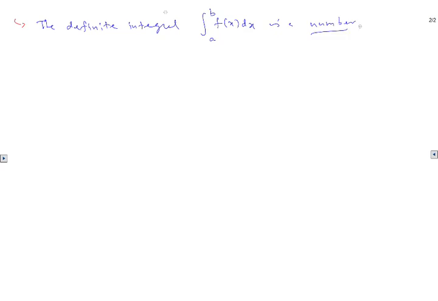Okay, that's very important. So you get a number. What does this number represent? This number is the area. I'm going to call it like that because there are some weird things that can happen.